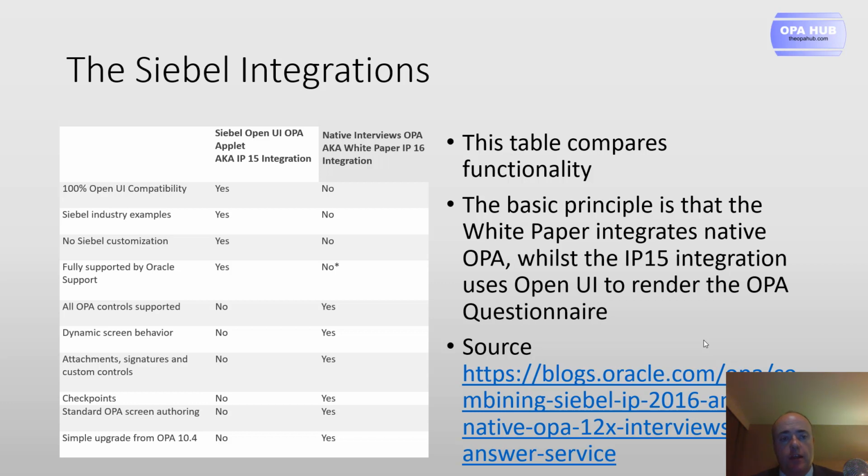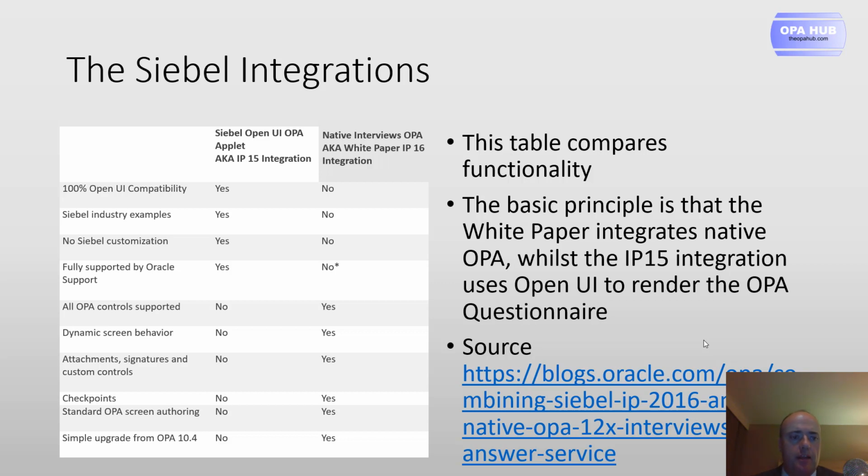In 15.5, we used OpenUI to generate the UI. We were generating the UI of OPA, but inside Siebel. Whereas in the IP16 integration, we're using the native interviews that OPA delivers, so the user interface is delivered by OPA.